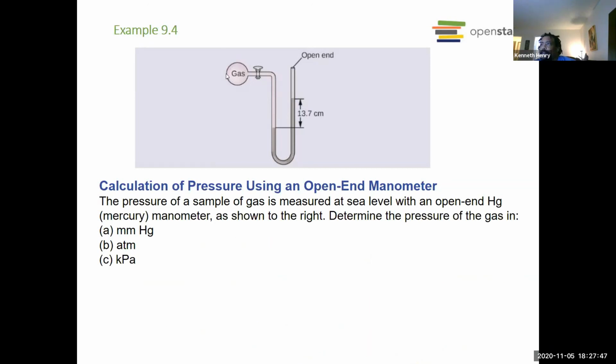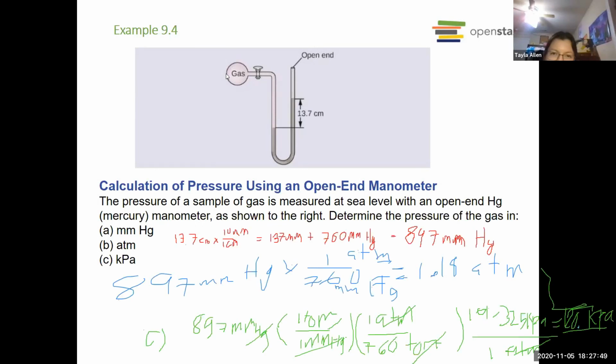Just conversions. Wait, because it's open end, is that when we use 760 millimeters of mercury? Yeah, because we have to add it. That's correct, because it's open-ended, and the fact that it's going in the other direction means that the gas is greater than atmospheric pressure. So you're adding the atmospheric pressure, which is 760 millimeters of mercury, to the height that it went up.